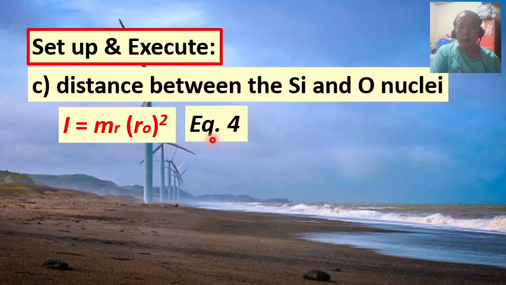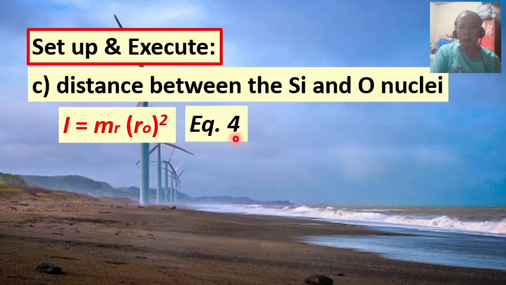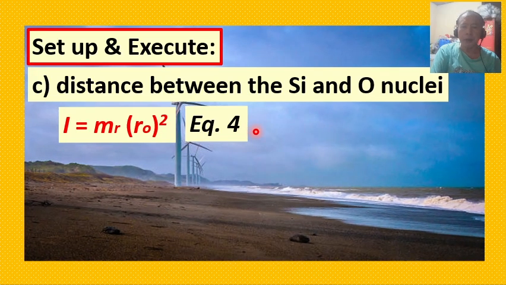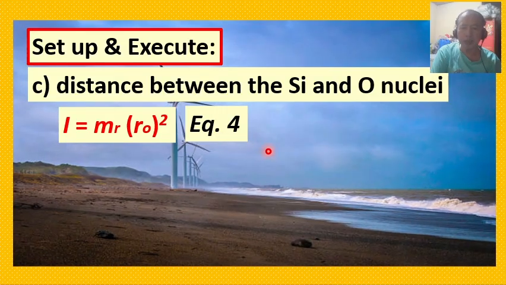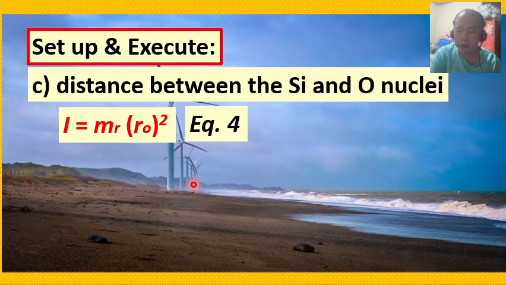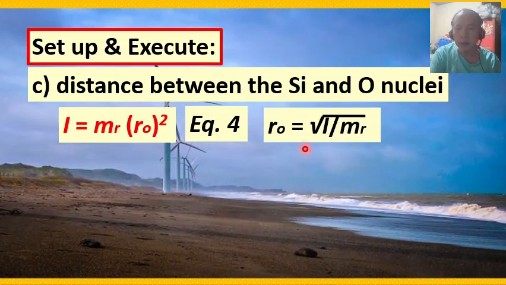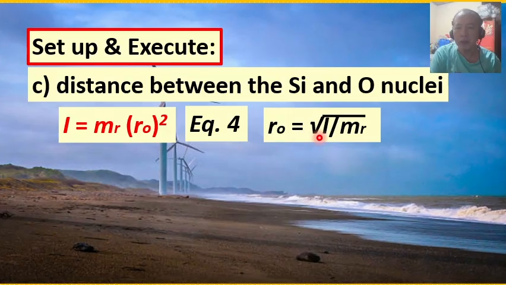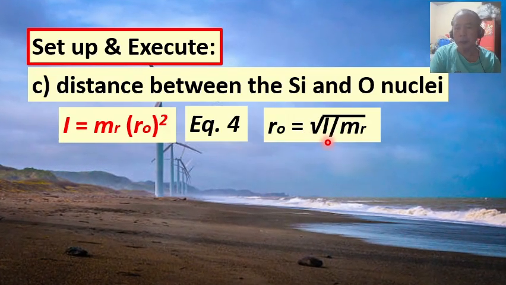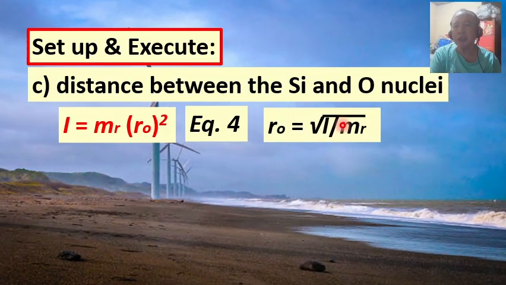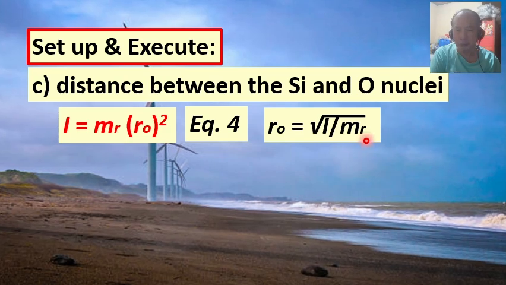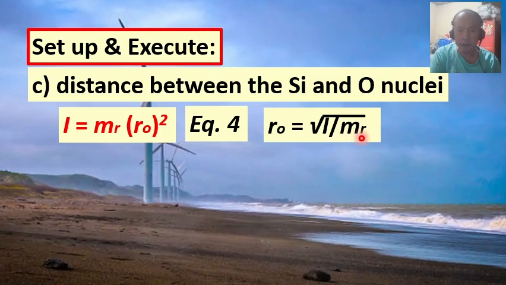R sub naught is our target variable. So when we isolate r sub naught, we get r sub naught equal to the square root of capital I, or the moment of inertia, divided by the reduced mass m sub r.